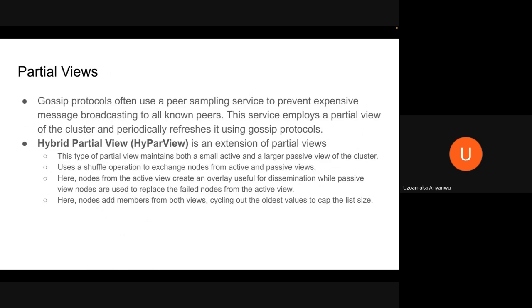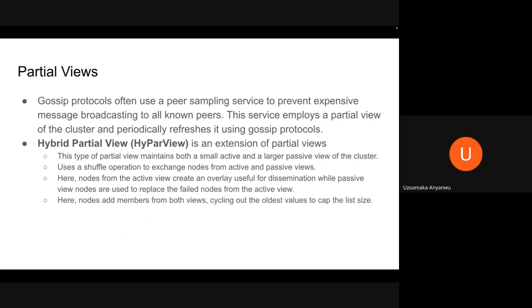So partial view is a gossip protocol that uses a pair sampling service to optimize for message delivery amongst all the pairs in a cluster.